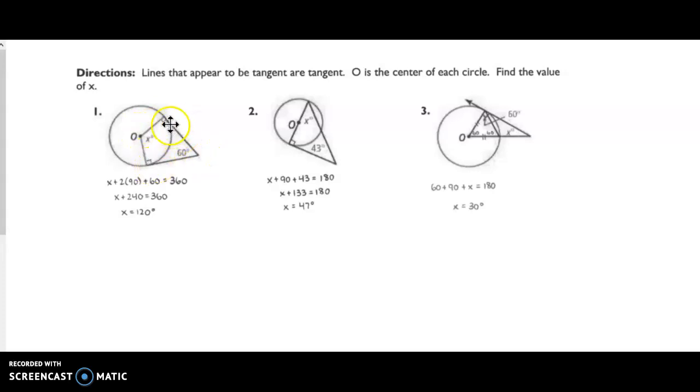And this quadrilateral, quadrilaterals always add up to 360. Number two, you've got a right triangle here. And in number three, there's an equilateral triangle within it, but we're going to use this central angle 60, then this is 90 degrees, and this x over here, to make 180.